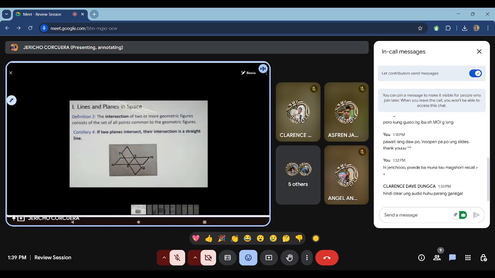If you can see, line RS is the intersection of planes MN and PQ. You know, the intersection of two or more geometric figures consists of the set of all points common to the geometric figures. Yung RS, yan ang common.